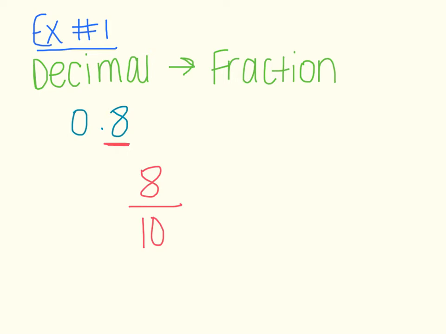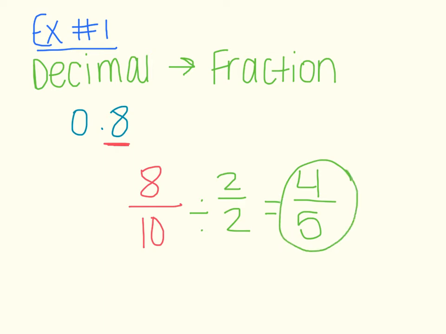And we reduce it. 8 and 10 can both be divided by 2. 8 divided by 2 is 4. 10 divided by 2 is 5. So my answer is 4/5.